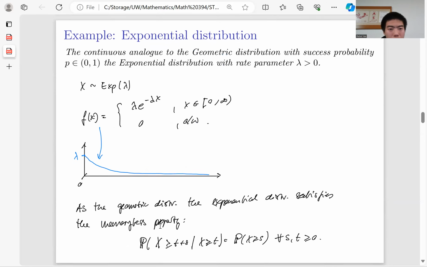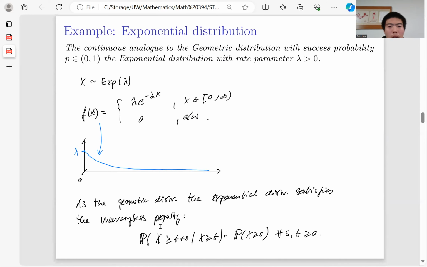The second example is the exponential distribution. The geometric distribution is usually decreasing, with smaller and smaller values in discrete cases. In the continuous case, it's called the exponential distribution. For a parameter lambda, it's defined as lambda times e to the power of negative lambda times x, and x can only be positive, like the geometric distribution.